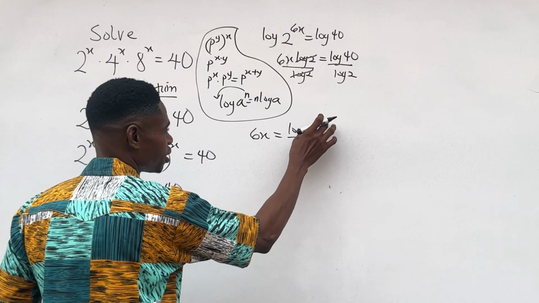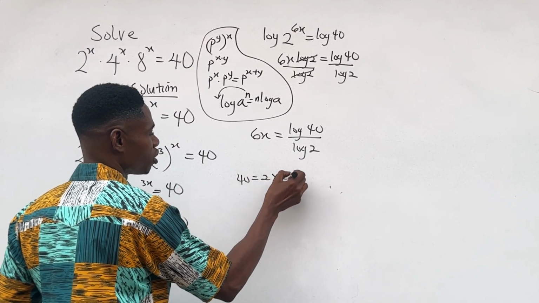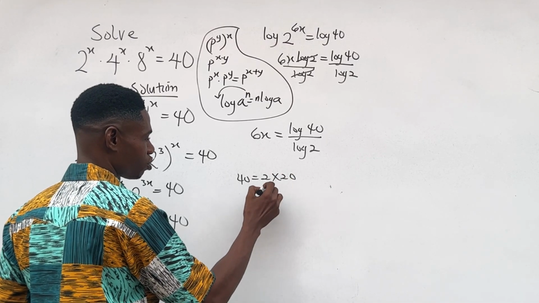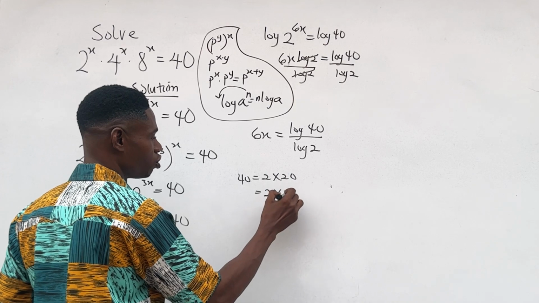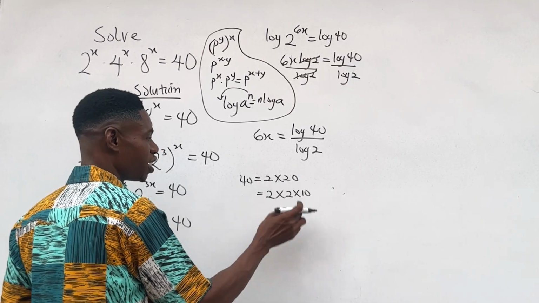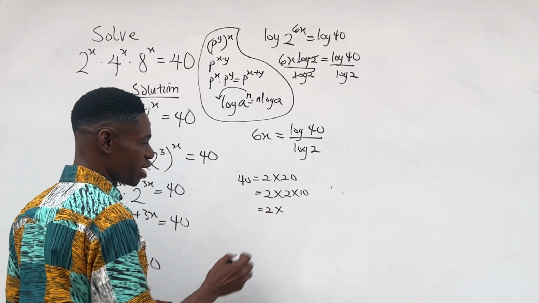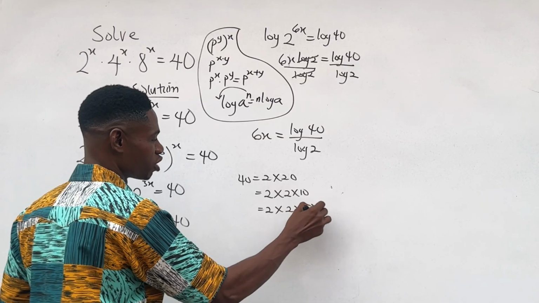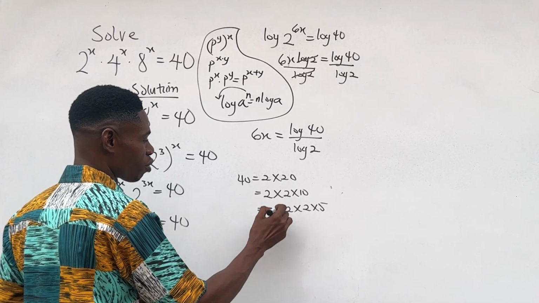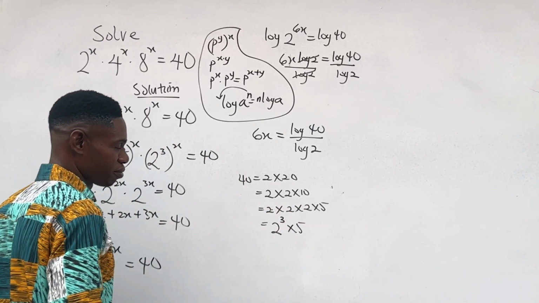Now we can break this 40 down. 40 can be written as 2 multiplied by 20, right? And 20 can be written as 2 multiplied by 10. We can break 10 into 2 multiplied by 5 again. So 40 is 2 raised to the power 3 multiplied by 5.